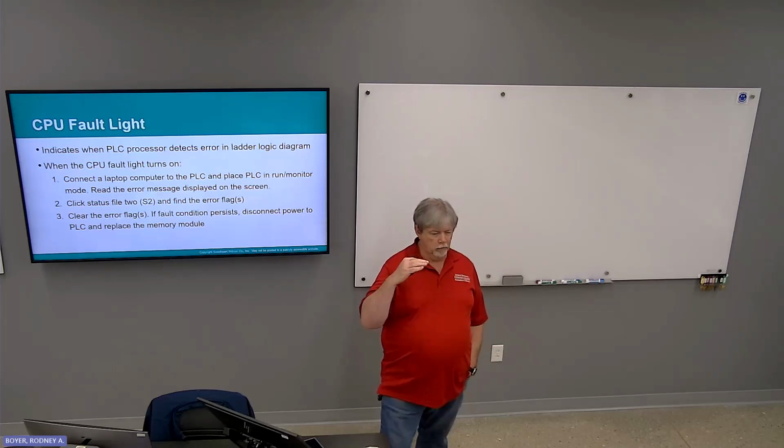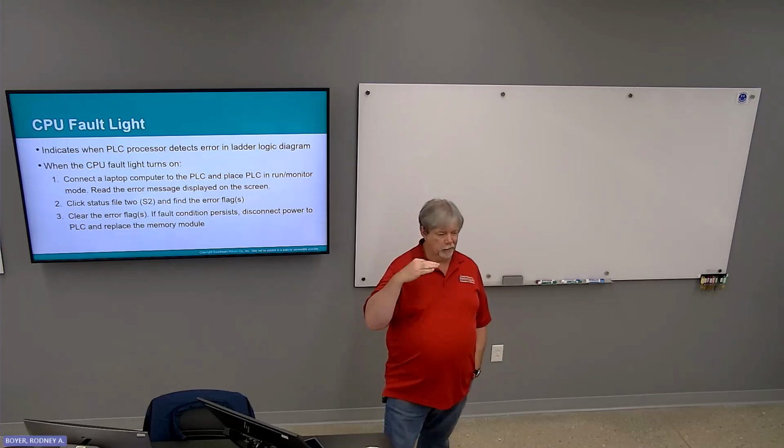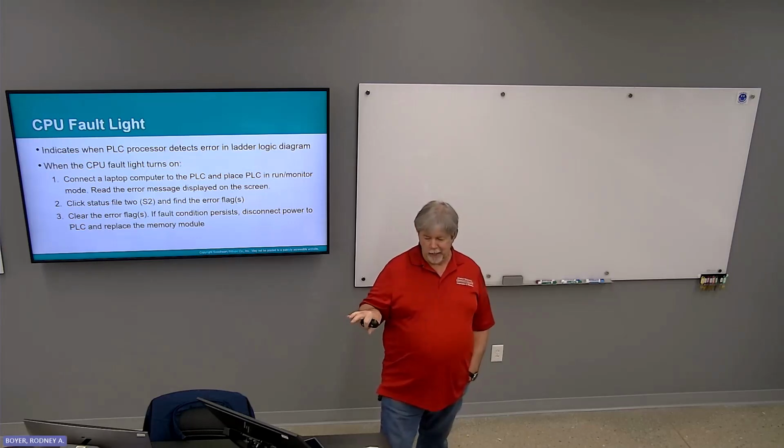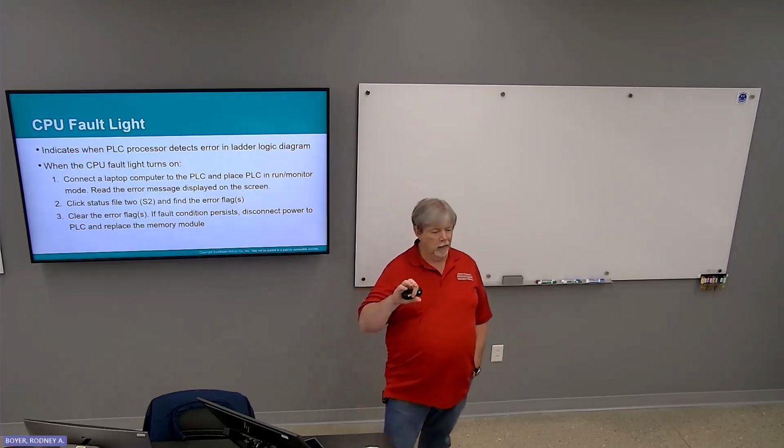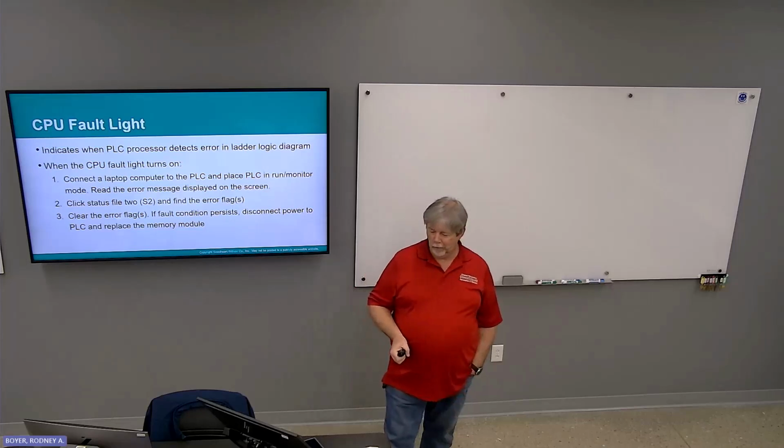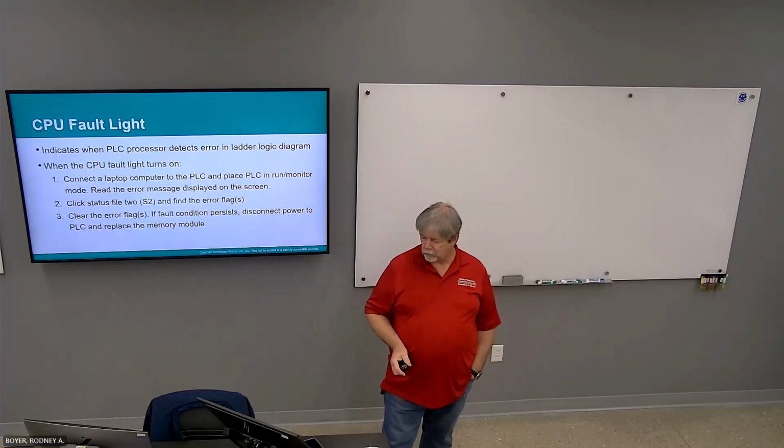You can click on that and select go to error, and it'll take you straight into the status page on the fault screen, and you can read what fault is there.